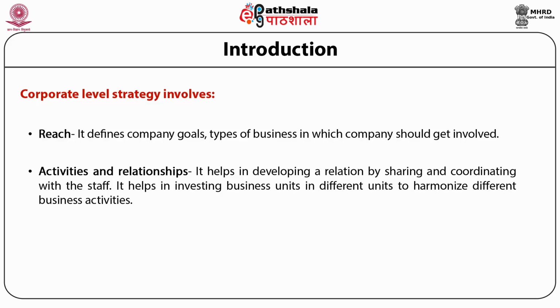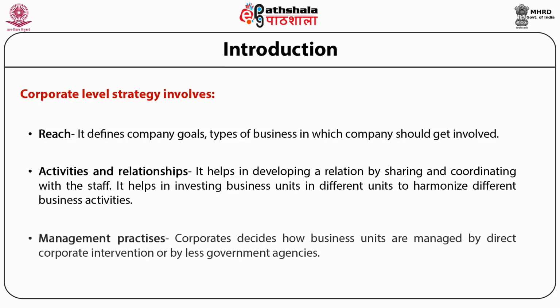It helps in investing in business units in different units to harmonize different business activities. Management practices: corporates decide how business units are managed, by direct corporate intervention or by less intrusive agencies.